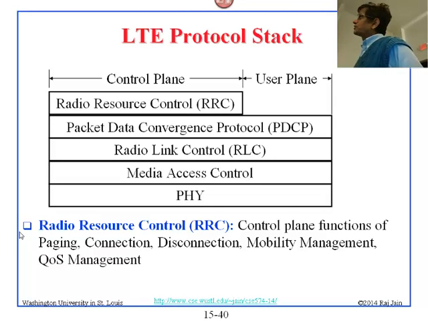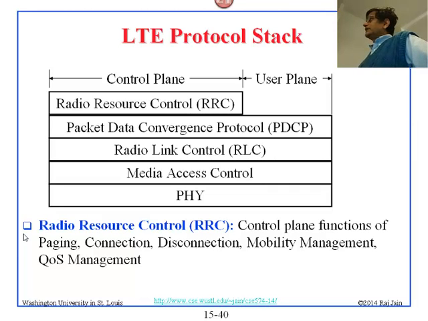All the control goes through the radio resource control, and the user plane has 4 parts: packet data convergence, PDCP, radio link control, RLC, media access control, MAC, and the physical layer. Okay, so total 5.